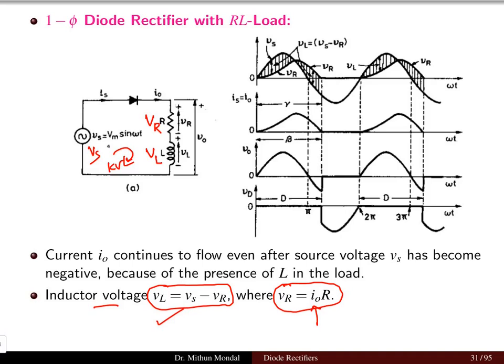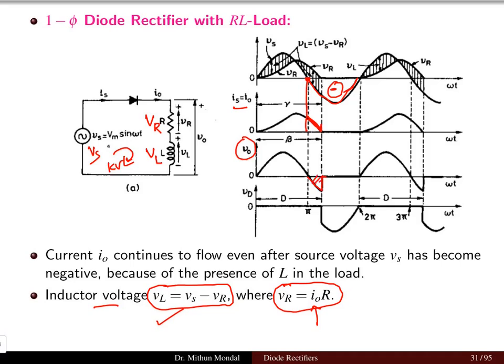You can see here that after this time period, the voltage will become negative. So this is the negative zone. But if you see from this point to here, there is some amount of current which is already present in the circuit. This would not be present if the inductor were not there. So the output voltage V0 will go negative after a certain instant and then it will come to become 0.